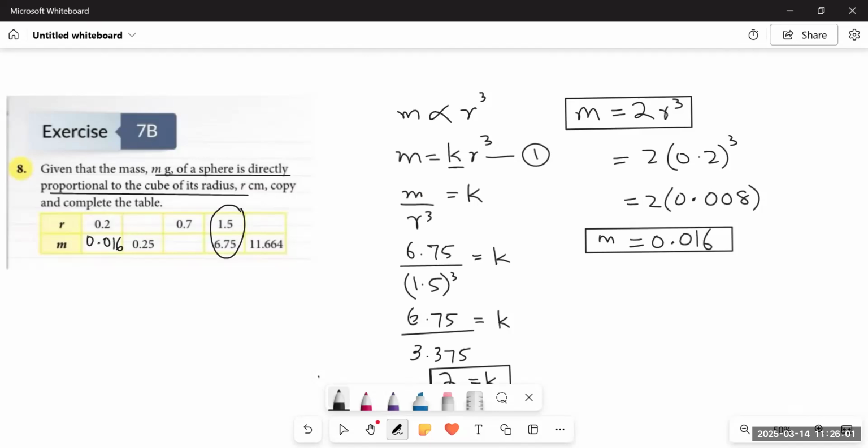Only the difference is we are provided with the values in decimals. Now, again, in part 3, we are not doing part 2 first. We are going to do part 3 first, where we are again provided with the value of r. So taking this equation, m is equals to 2r cube, we will substitute the value of r with 0.7. Take its cube. Acha. In this question, instead of using calculators, you can do it mentally.